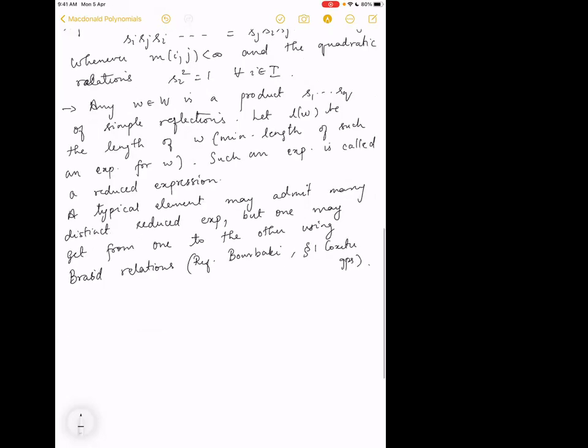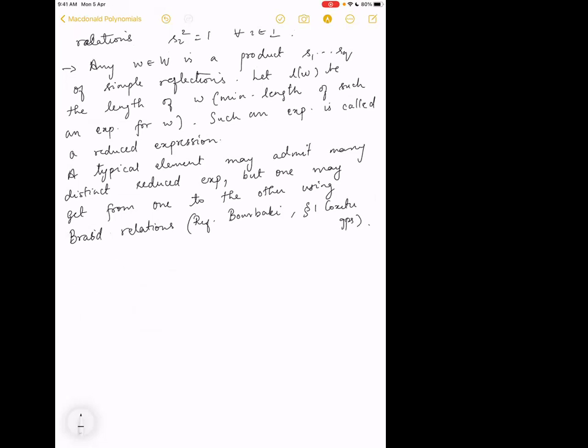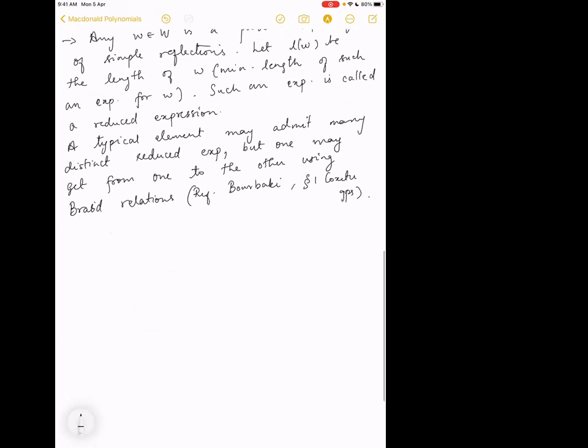Okay, and given any Coxeter group, one can talk about the associated braid group of the Coxeter group. So let me also discuss the construction of the braid group. Let W be a Coxeter system.